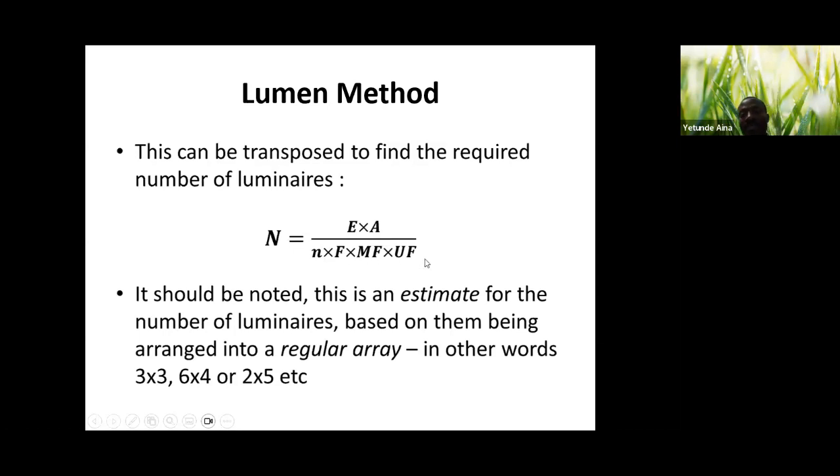So it should be noted that this is an estimate for the number of luminaires based on them being arranged into a regular array. In other words, we talk about 3 by 3, 6 by 4, 2 by 5, and so on and so forth.